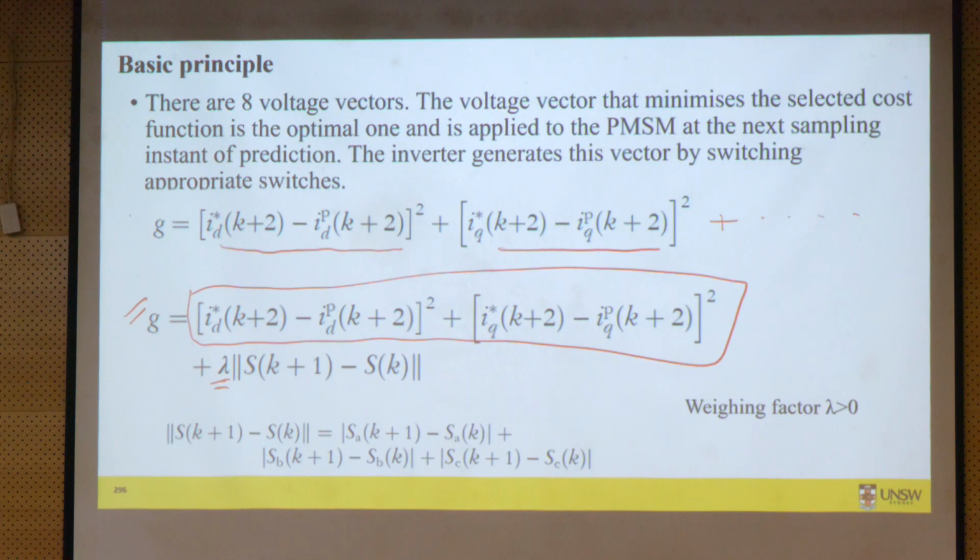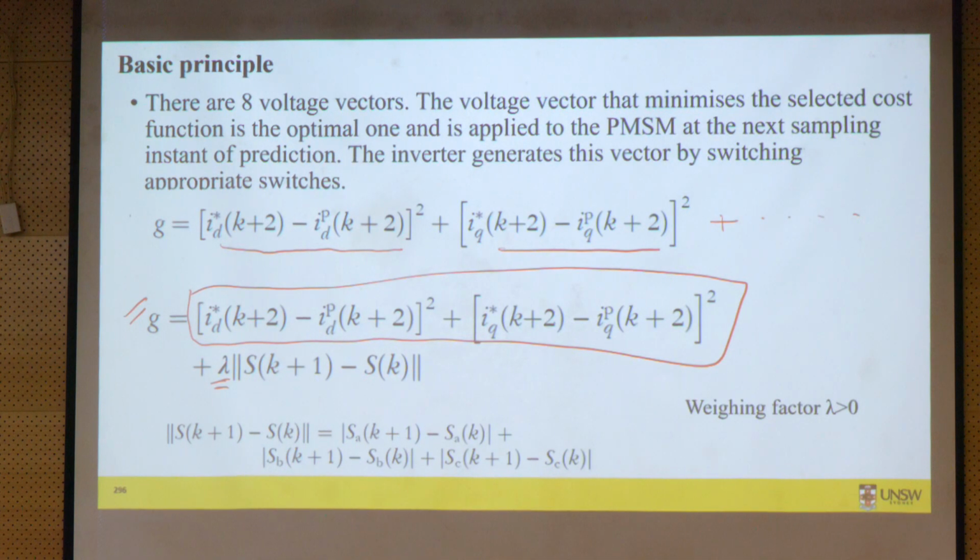That's quite difficult, and that's the main issue for MPC of this type of control. Several methods have been proposed to decide the weighing factor, but it is still kind of research. So if you want to work on something, this is an active area to look into.